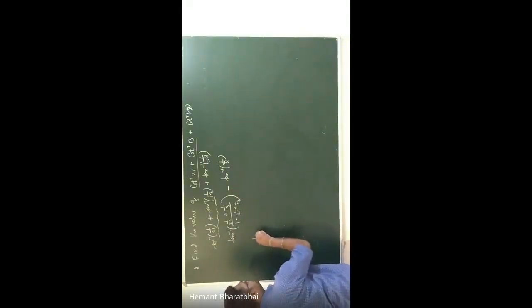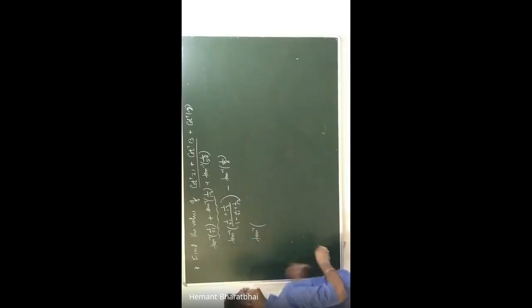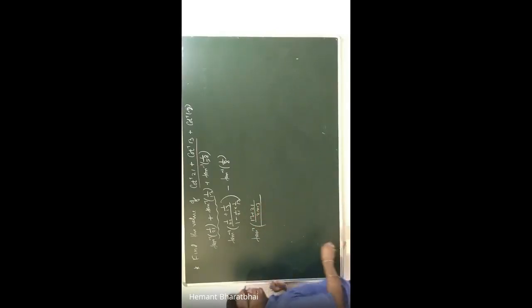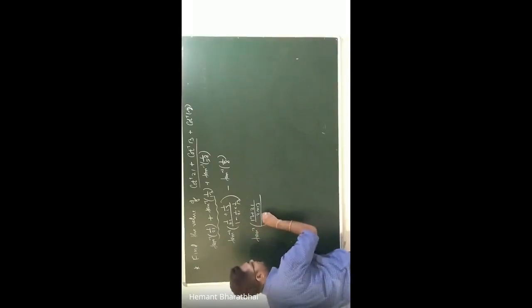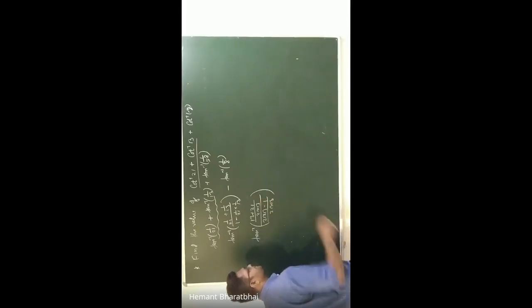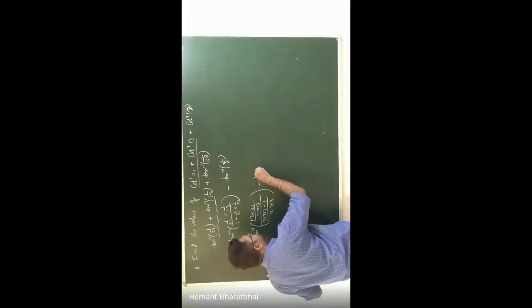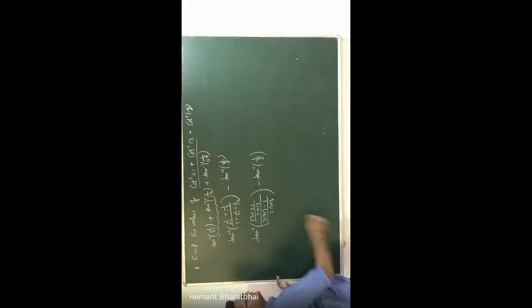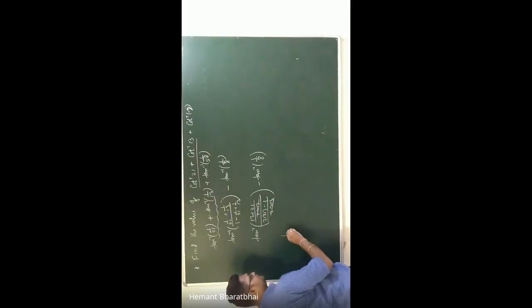So let's solve this. We'll get tan inverse of 13 plus 21 upon 21 into 13, the whole divided by 21 into 13 minus 1 upon 21 into 13, minus tan inverse of 1 by 8. So this 21 into 13 will get cancelled.